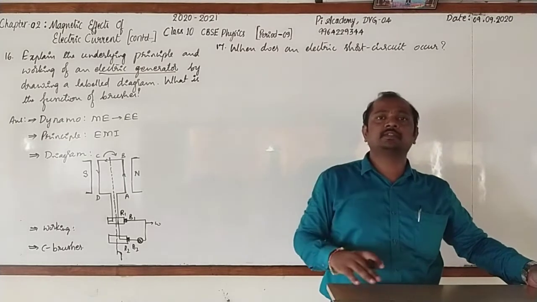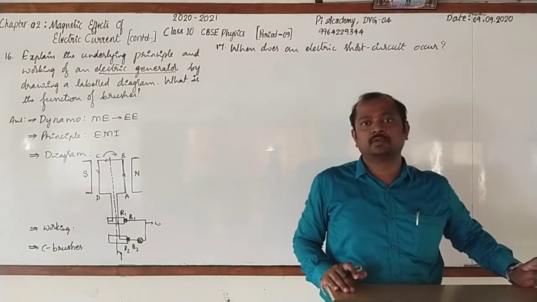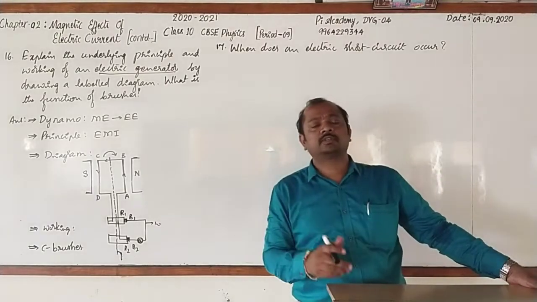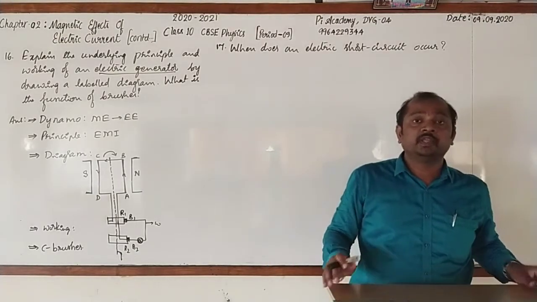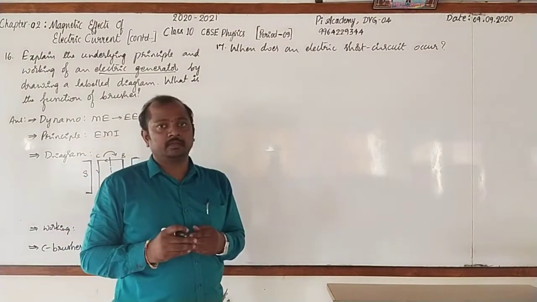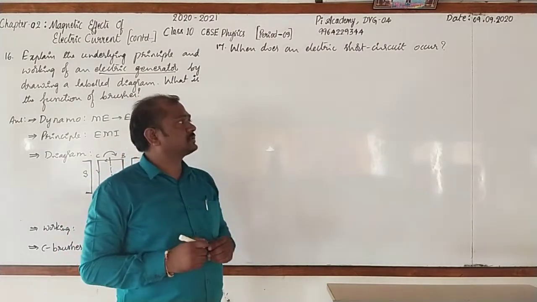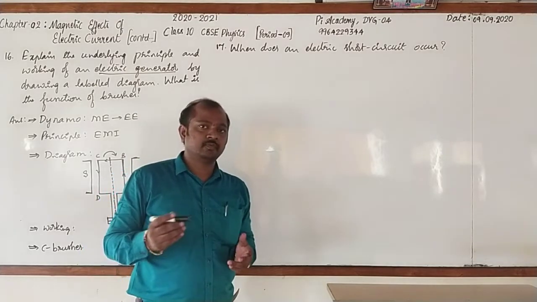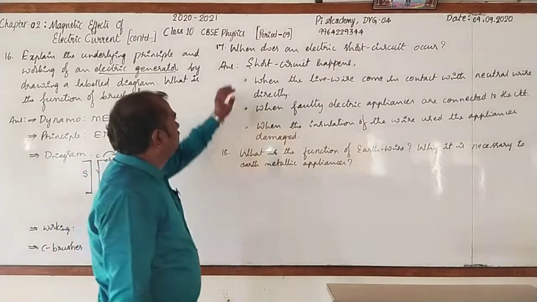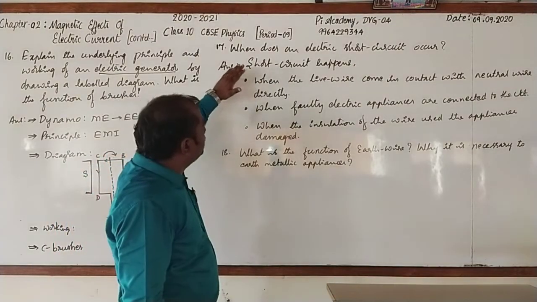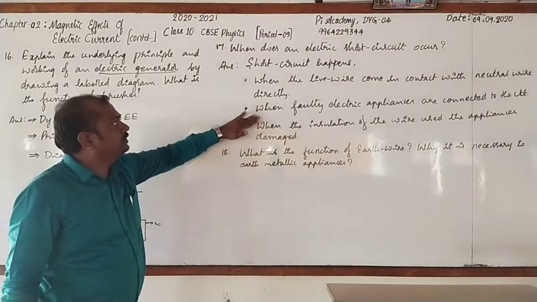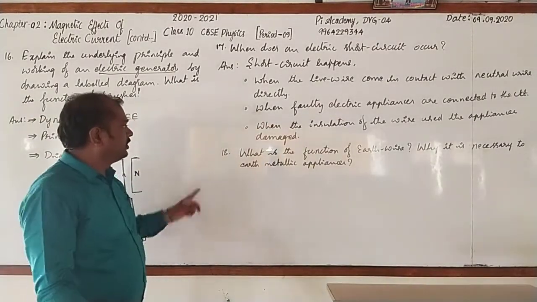If there is damage in the electrical appliances also, if faulty appliances are used, again it draws a large amount of current. If there is no proper insulation on the wire, then also short circuit happens. Followed? Yes, please go for writing that. These are the different ways by which an electric short circuit happens. You just check with your answer.